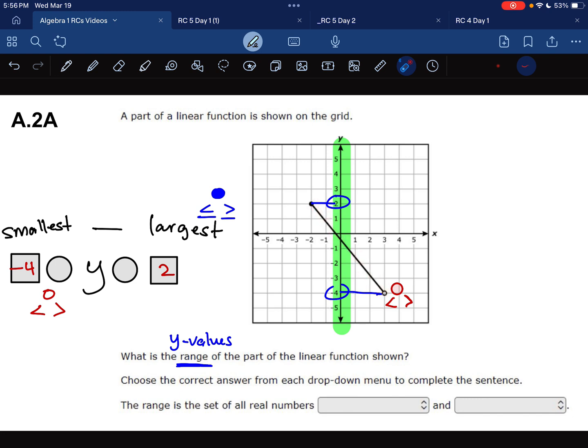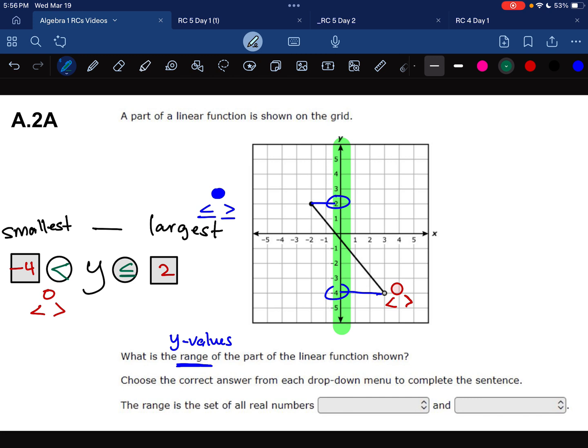So that makes my Y value greater than, that's why it's opening towards it, greater than -4. It's greater than -4, but it is less than or equal to 2.